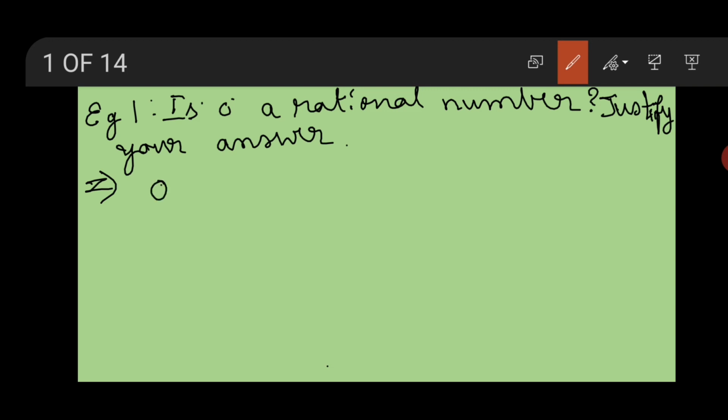Can you solve this? 0 can be written in the form of P by Q. So 0 is a rational number.